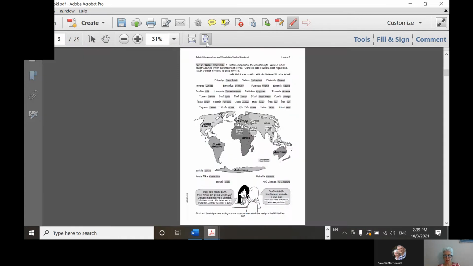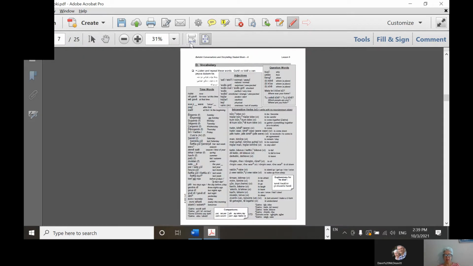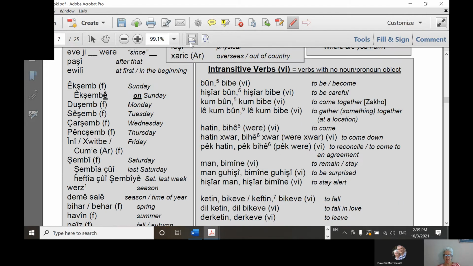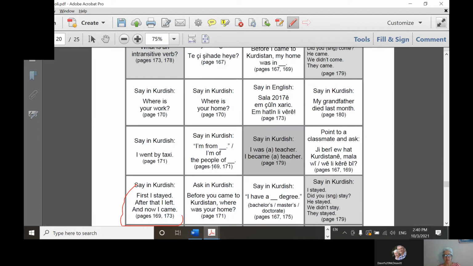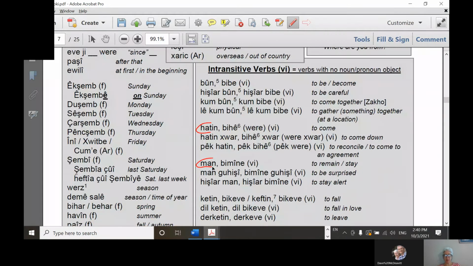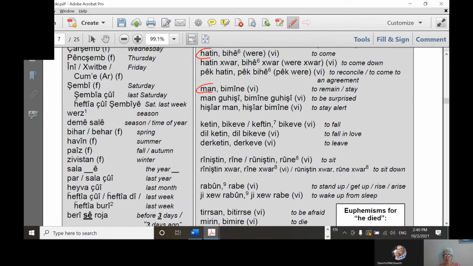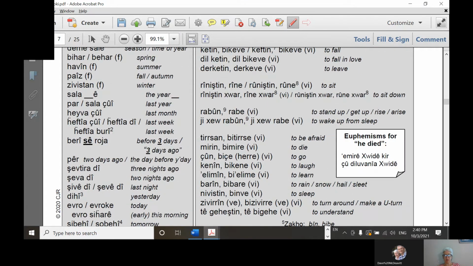Let's go see what 173 says. Okay, so came is Hatem. Stayed, to remain or stay, is Mom. Stayed, left, and came. Okay, so left is to go, or leave. Chew.